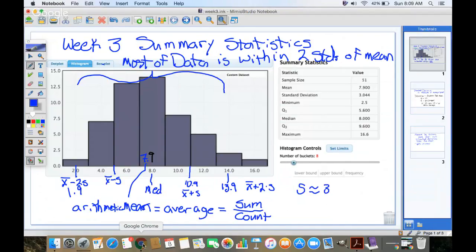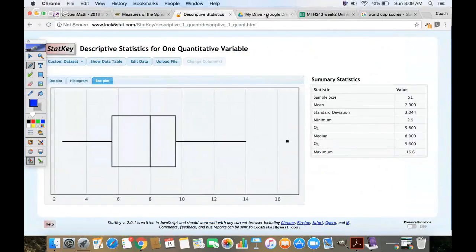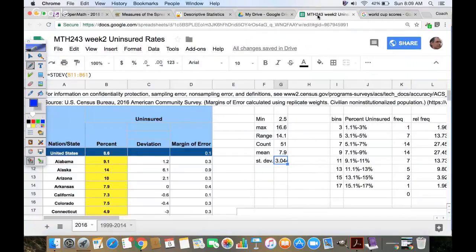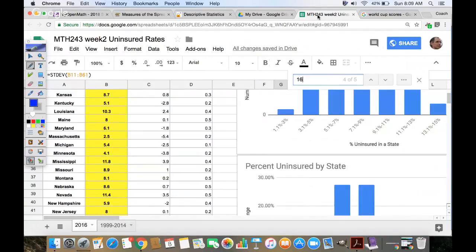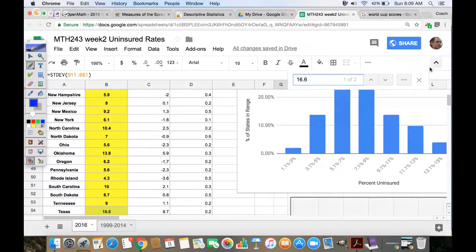So if I look back at my data and do a little search, a nice search on spreadsheets and web pages is Control F if you're a Windows user, Command F if you're a Mac user, and I'm looking for 16.6, and it comes up twice, and there it is, Texas.